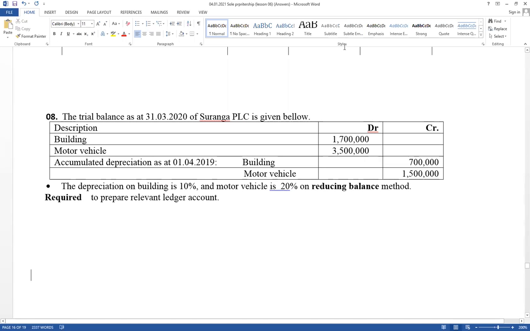Try it. Reducing balance method: calculate depreciation, then prepare the ledger accounts and disclose on the income statement as well as the financial position.